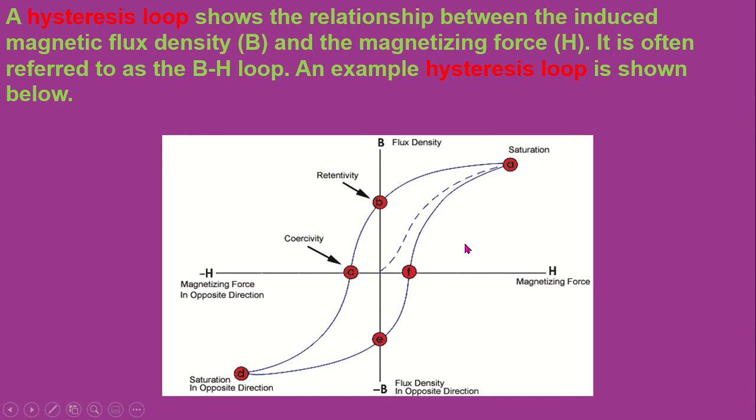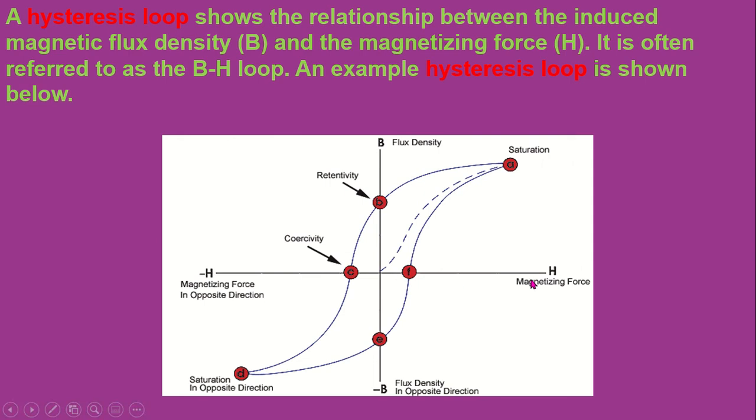So here this graph shows the relation between magnetizing force and magnetic flux density, and how the magnitude of B changes with respect to magnetizing force H, as shown in this figure.